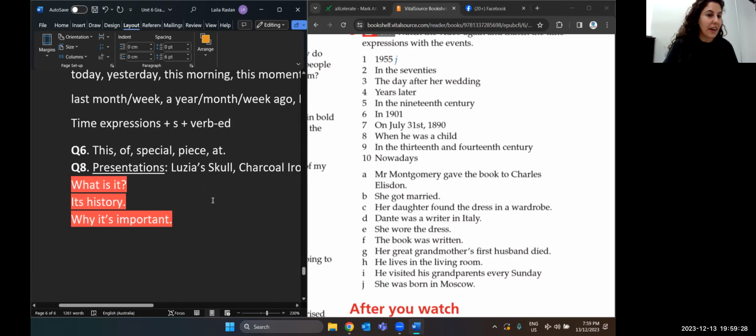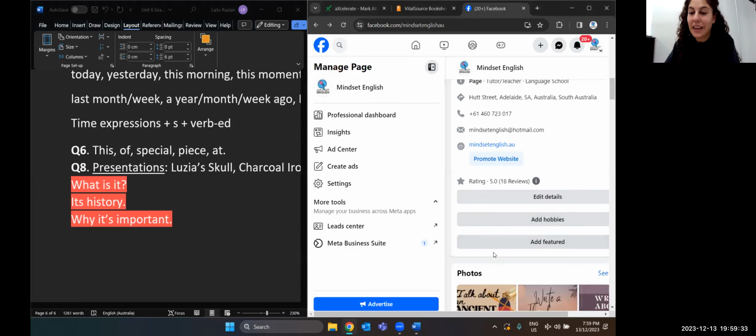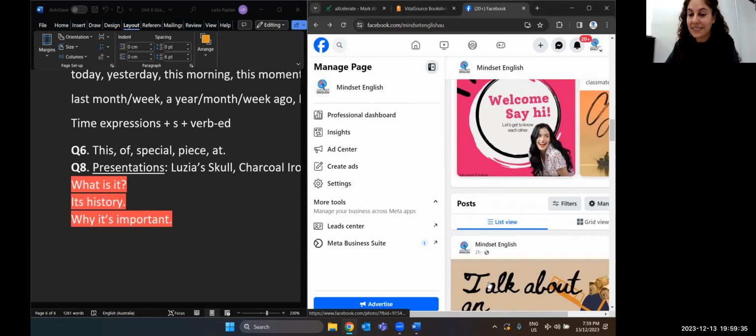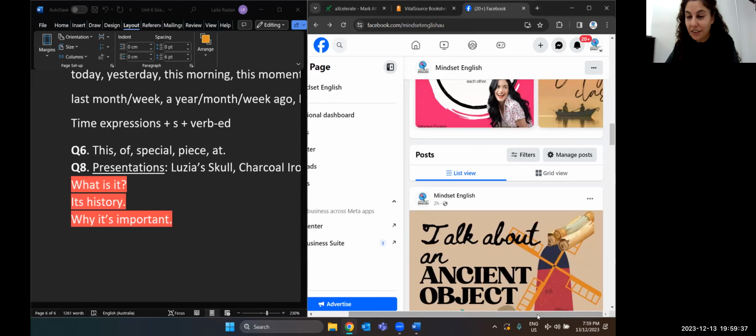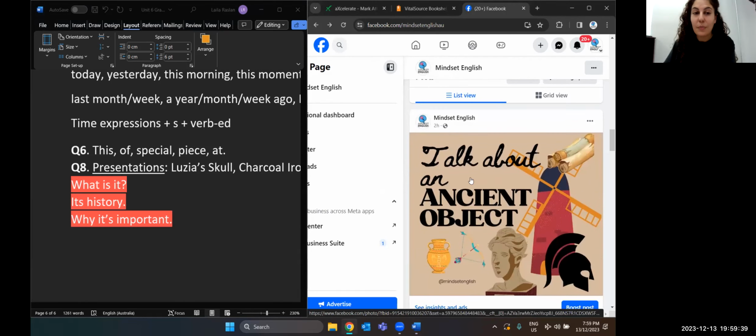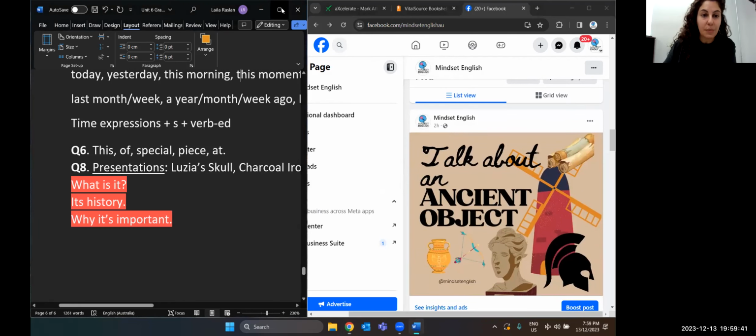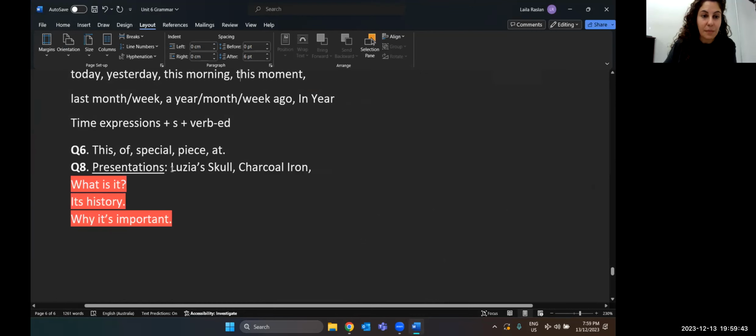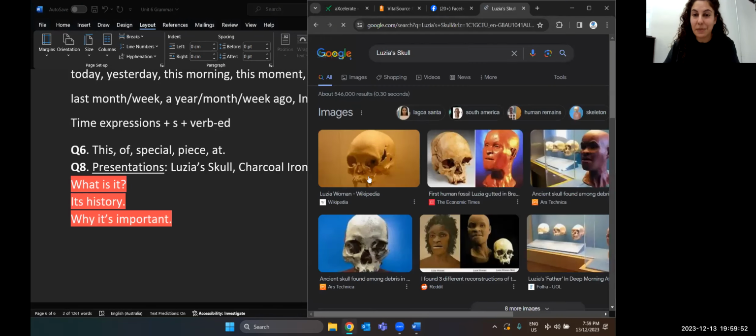Let's do a presentation. You're going to pick an object from the past. Now we're going to get into groups. I know that some people started to write, but I want you to get into the groups. So for example, you could pick Lucia's skull. Some people picked this object and they spoke about it.